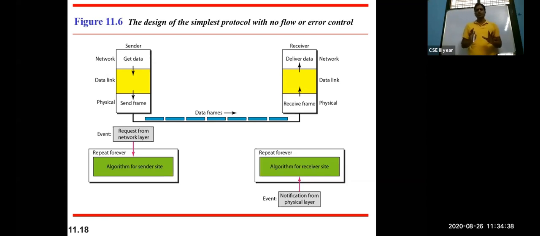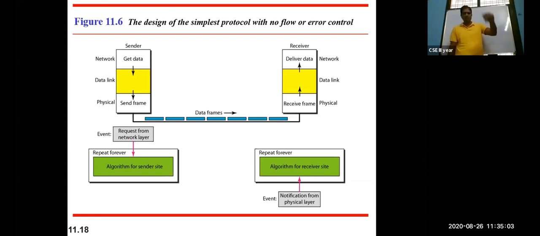So first I'll show you the 2 green rectangles. Can you see those 2 green rectangles there? The left one is on the sender side, the right one is on the receiver side. Now on the sender side, above the green rectangle, what should happen first? Request from the network layer. The network layer should send the data to the data link layer. It should request: I'm sending you a packet, make it a frame.